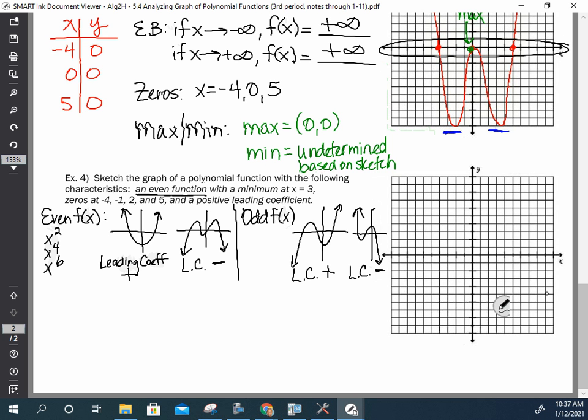So since we want an even function, it's going to look like one of these two types. Any questions before we continue? So that's what that means. We don't have enough to do a sketch yet, but that's what that part means.